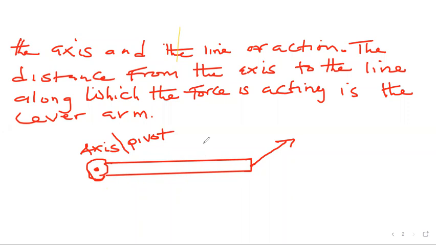It could be called the axis or the pivot there. That is what that axis there is called. So it is very important that you know the things that you are talking about, because if we do not know how to define these things, it will be very difficult for us to be able to solve for that thing.